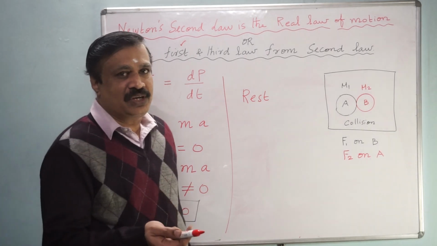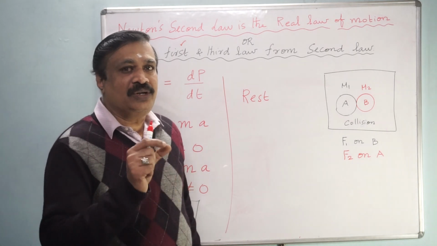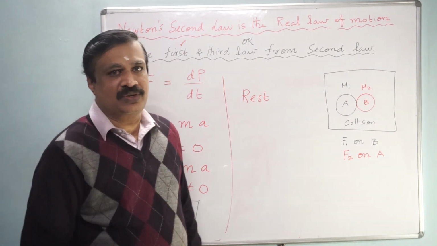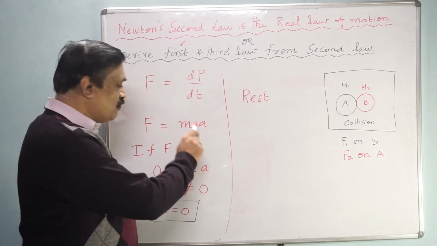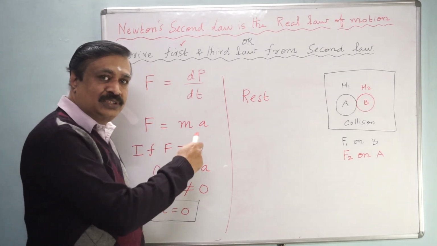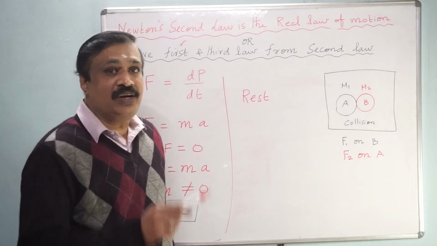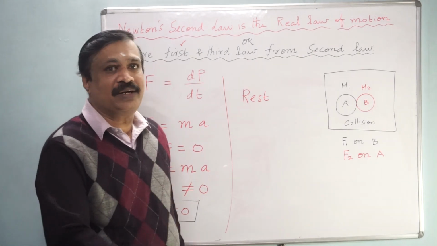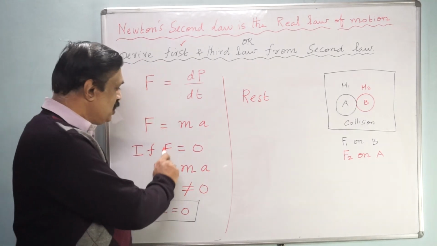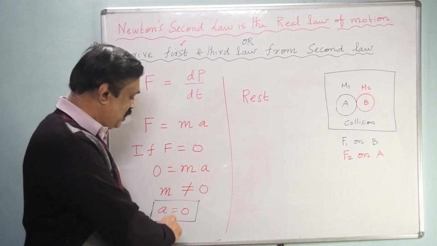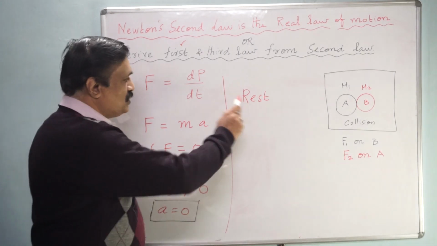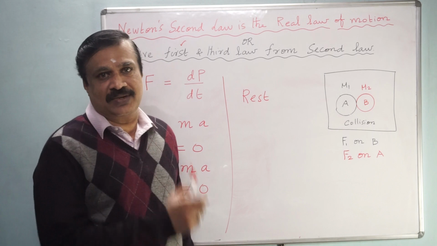In the first law, what we are saying is every body continues in its state of rest. When there is a force, the resting position will change. When there is no force, it will be at rest only. Here we mentioned F equal to 0. Therefore, a equal to 0. That means first condition, the body is at rest.